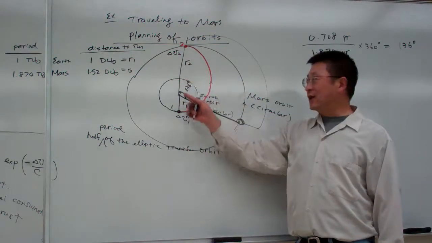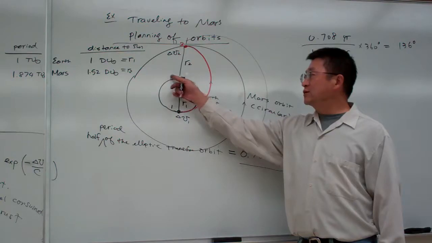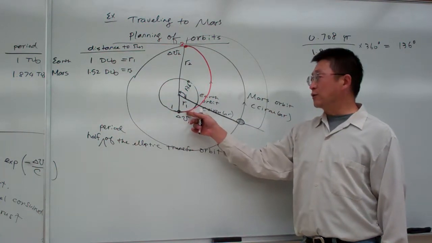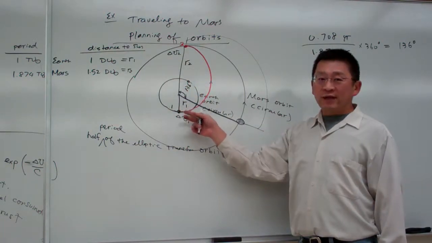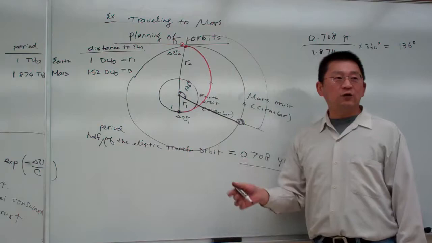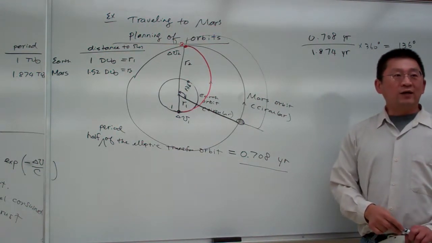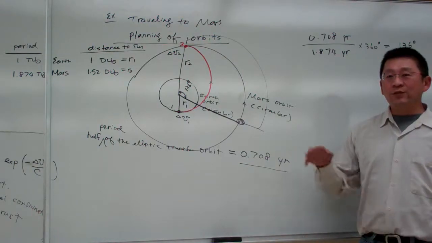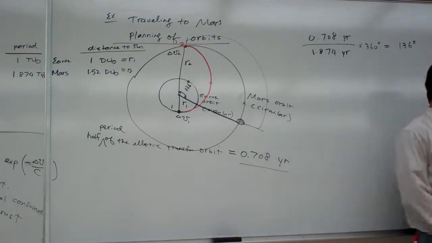In reality, they will shoot the vehicle onto a lower Earth orbit, circulating until a certain moment, then they begin to do the transfer. So all of these things will be included in the mission planning. That is a more complicated procedure, but the big concept is like this. Okay, so that is an example here.